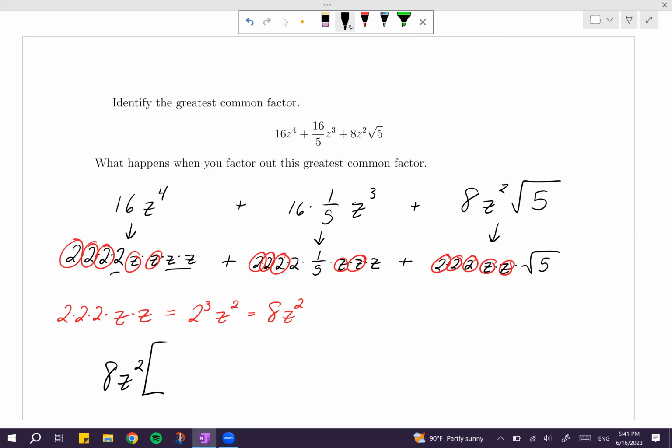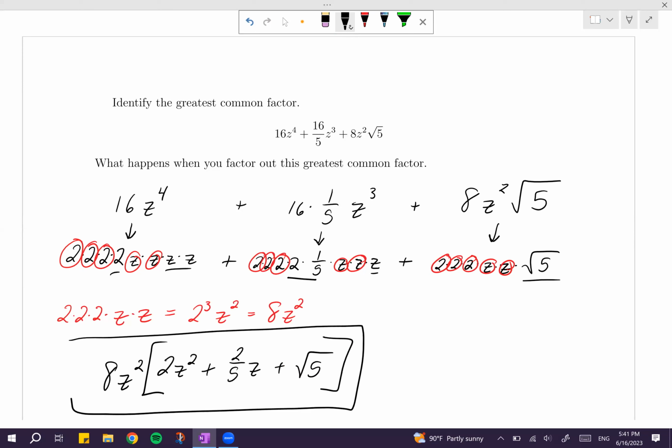So 2z squared, 2 times 1/5 times z, plus square root of 5. So this would be my final answer after I've factored out the greatest common factor. And my greatest common factor is 8z squared. This is my GCF.